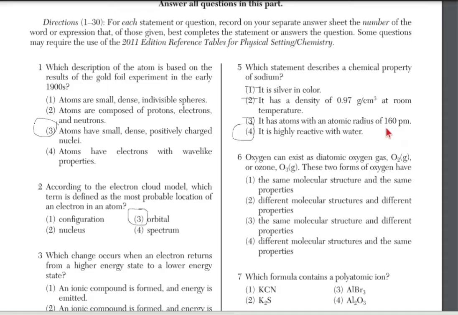Oxygen can exist as diatomic oxygen gas, or ozone. O2 and O3 have different molecular structures because when you draw it, O2 has 2 bonds in between them, and then another 4 electrons around each O. O3 has 2 bonds in between the outer 2 and then the middle, and then the outer 2 have 4 electrons around them.